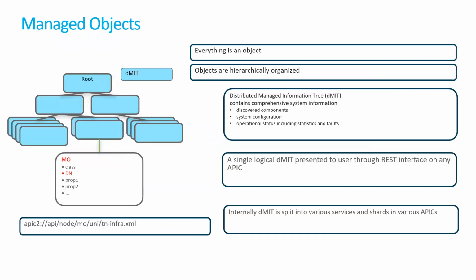So, object-based storage. ACI works on managed objects, where you have a hierarchical configuration with the tenant, VRF, BD, EPG, access policy, all the things. Similarly in Cisco ACI, we have an object hierarchy where you have the root first. If you're creating a tenant, all the tenant configuration will be under the root.